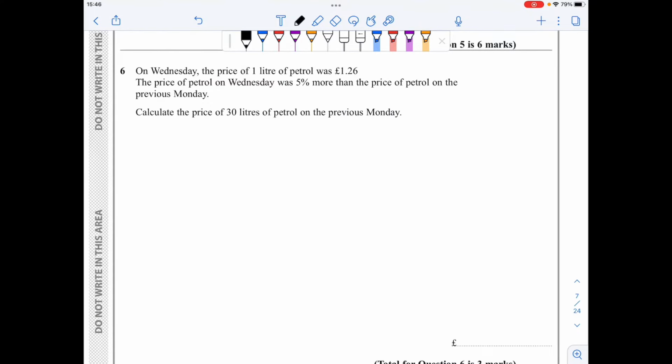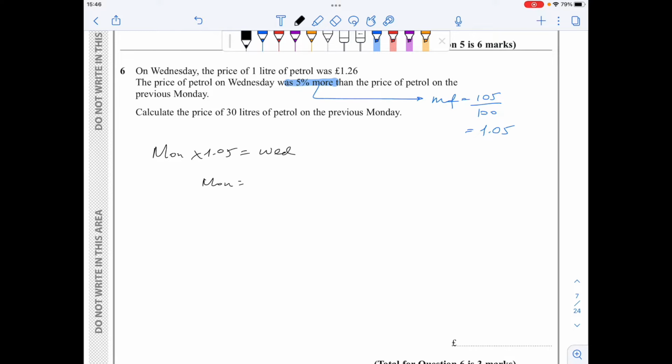For question 6, since there's an increase of 5%, this implies that there's a multiplying factor of 105 over 100. As a decimal, this is 1.05. Hence, Monday's price times 1.05 will give me Wednesday's price.